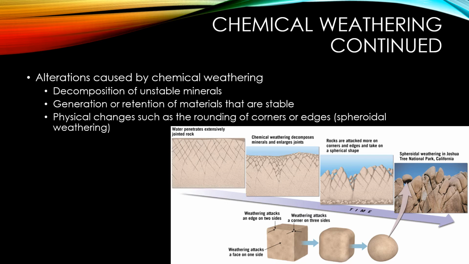So firstly, you have decomposition of unstable minerals. For example, if you have the mineral potassium feldspar in an outcrop of granite and it is exposed to water that has CO2 in it, or it's exposed to carbonic acid, then in that condition the potassium feldspar is unstable and it's broken down.